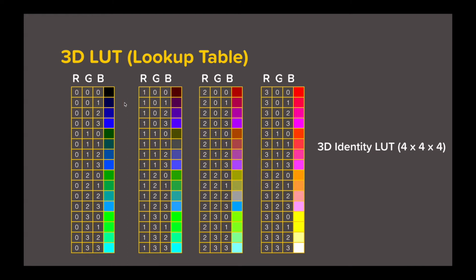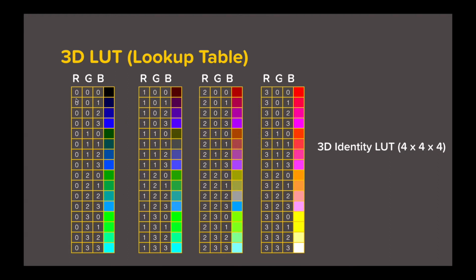This is an example of a 3D identity lookup table of dimension 4x4x4. Given an input RGB value of 0, 0, 0, which maps to black, and 3, 3, 3 maps to white. So this is our identity lookup table, as you can see.